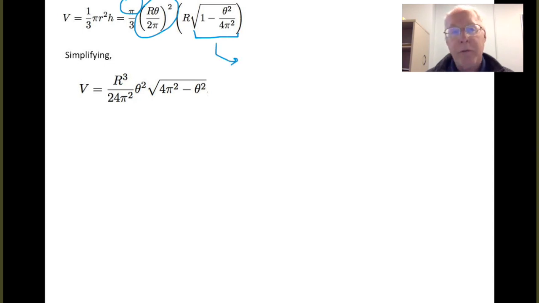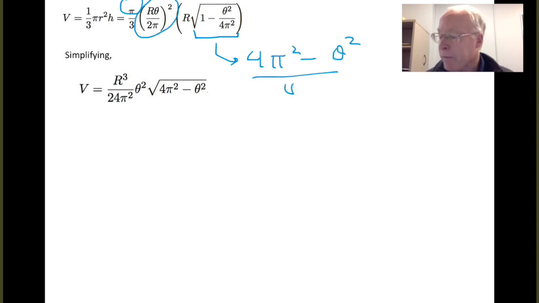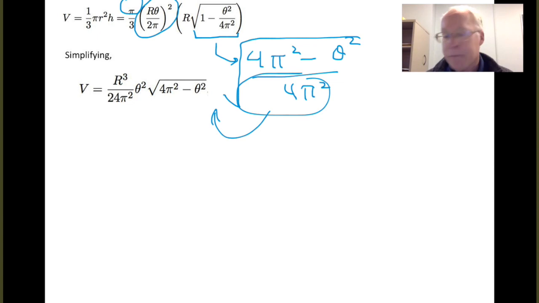When I add the fractions under the radical, I have 4 pi squared minus theta squared over 4 pi squared. And when that's under the radical, this 4 pi squared comes outside as a 2 pi. And that's what bumps the denominator up to 24 pi squared. So you can work through that algebra, double check it if you like.